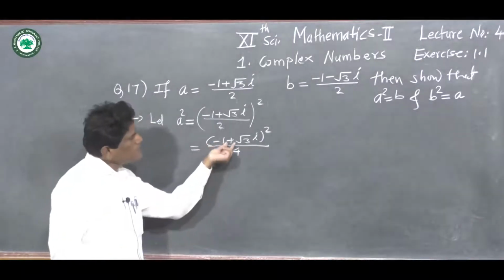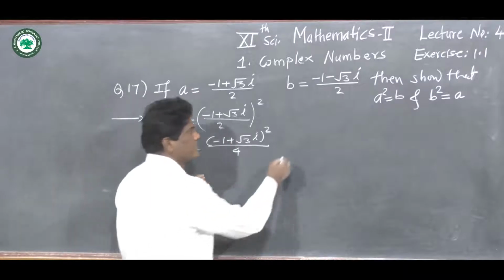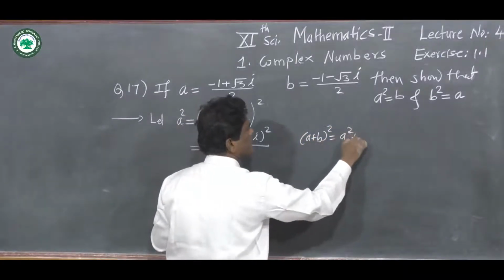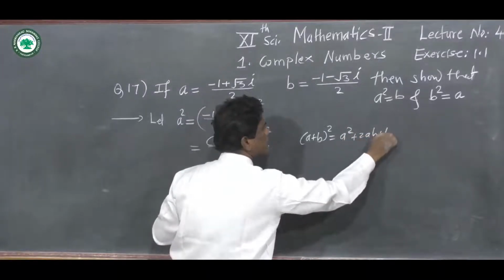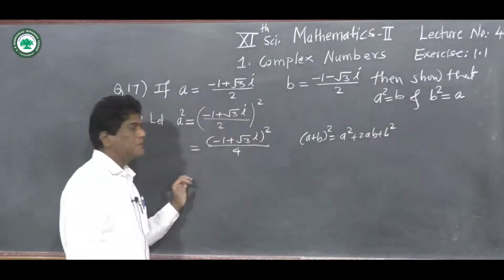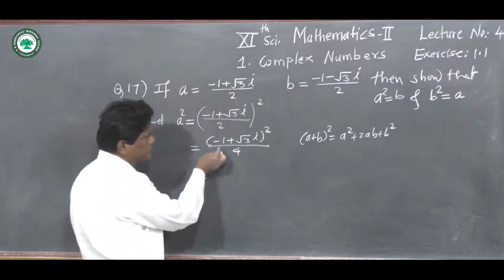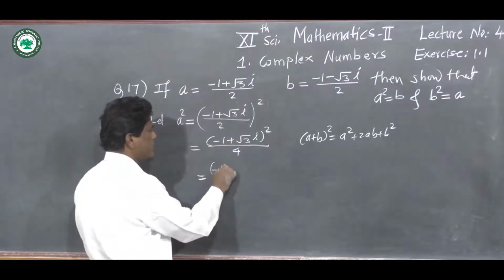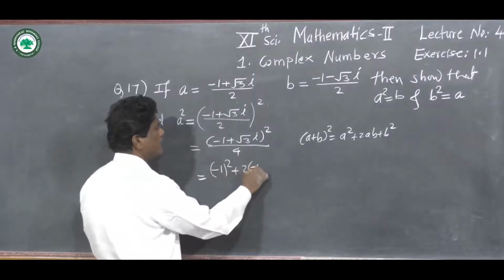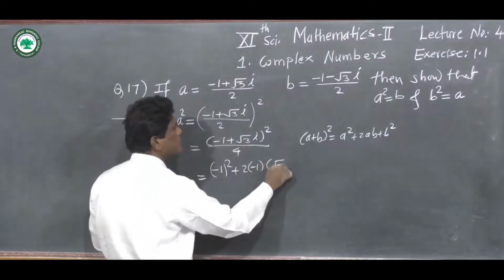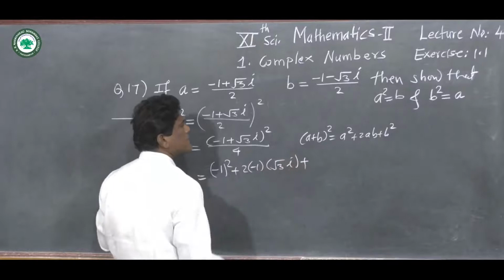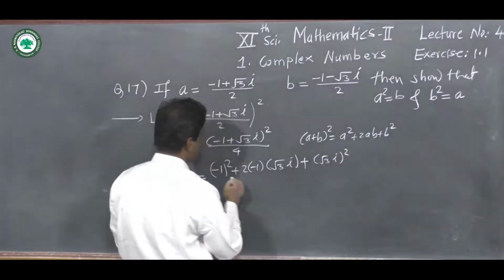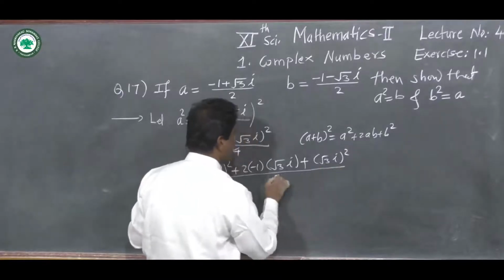Now what is (a plus b) whole square? (a plus b) whole square is equal to a square plus twice ab plus b square. We know this formula. So it is equal to a means minus 1, so minus 1 square, plus 2 into a, which is minus 1, into b, which is root 3i, plus b square, that is root 3i whole square, divided by 4.